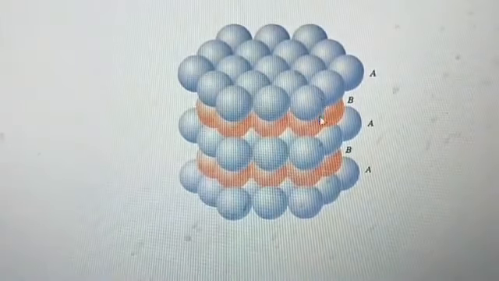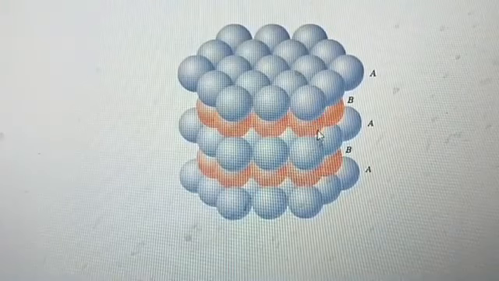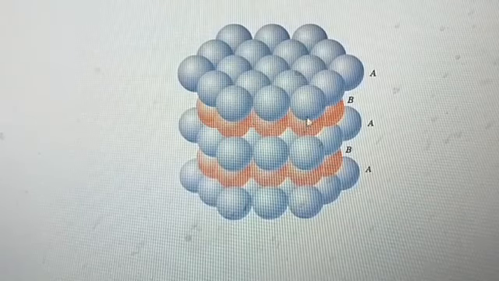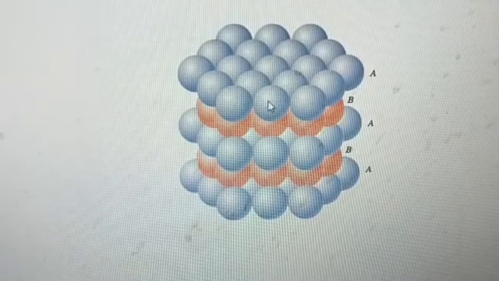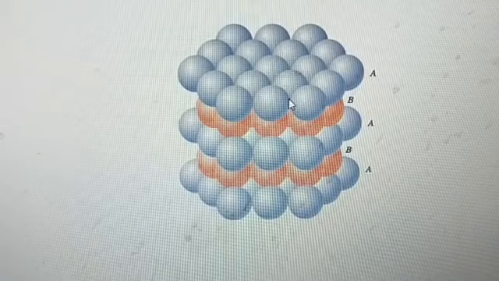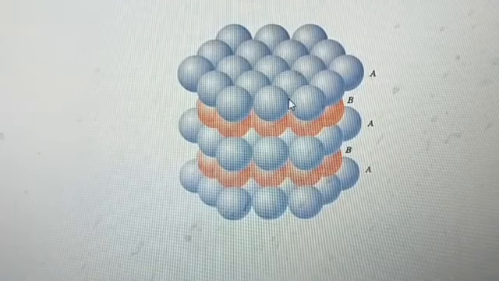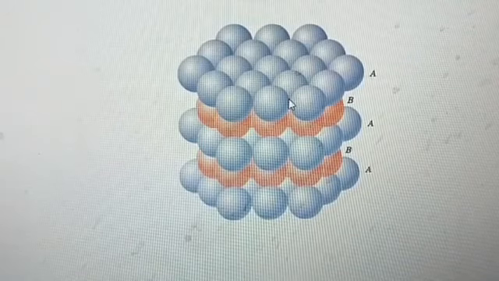The tetrahedral voids of the second layer may be covered by the spheres of the third layer. If we want to cover the tetrahedral voids, how should the spheres of the third layer align? The spheres of the third layer are exactly aligned with those of the first layer.